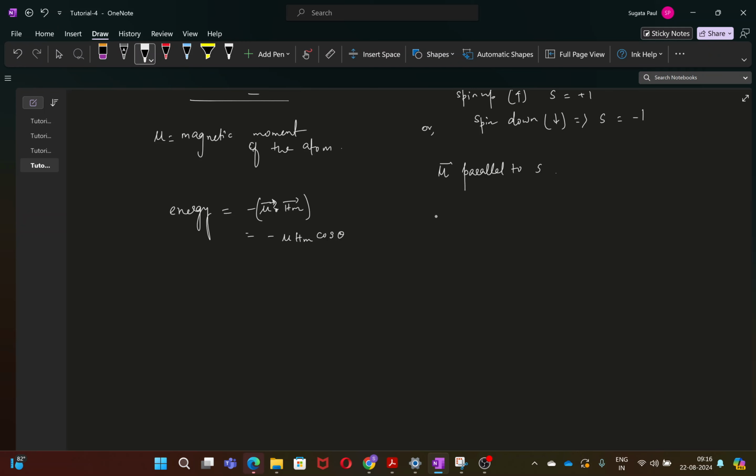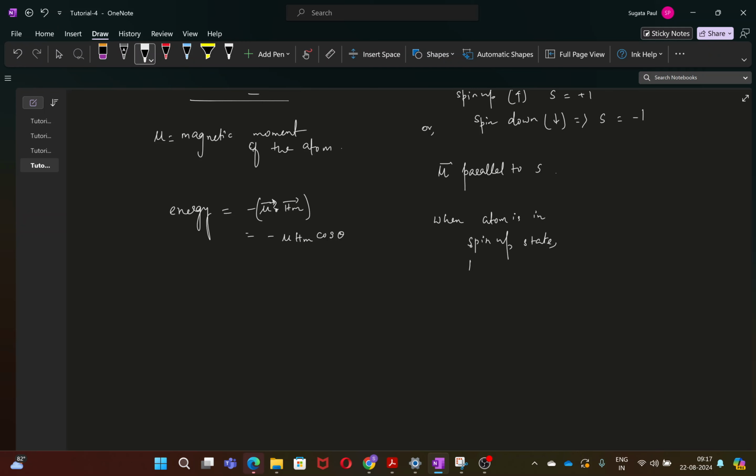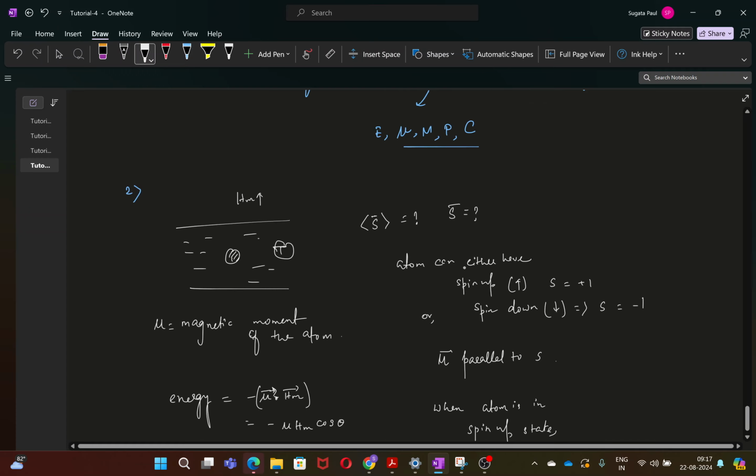Okay, so now in this case, when you know that the atom is in spin up state, then the magnetic moment is actually parallel to the field direction. So basically, let's say your magnetic field was in the upward direction, and your atom can either be upspin or it can be downspin.